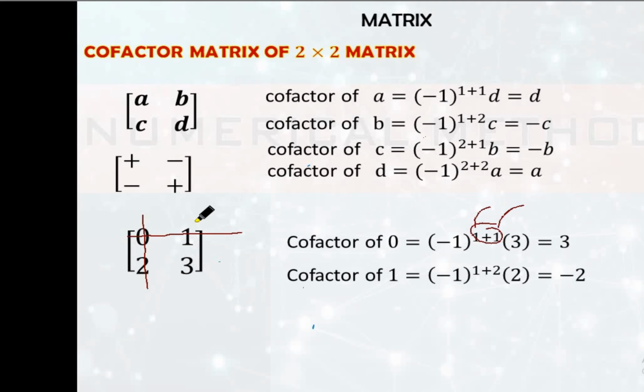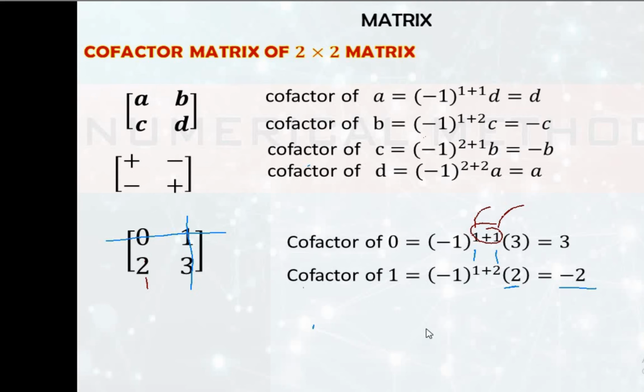So again, gusto kong kunin yung cofactor ni 1. So ililipat ko yung pivot. Let me just erase this one para hindi tayo nalilito. Ililipat ko lang yung aking pivot dito, kasi gusto kong kunin yung cofactor ni 1. So natakpan si 0, si 3. Hindi natakpan si 2. Ayan, siya. Yung aking 1 ay nasa row 1 and column 2. And if we try to input this in your calculator, the cofactor of 1 is negative 2.